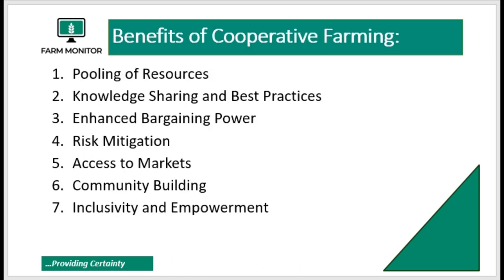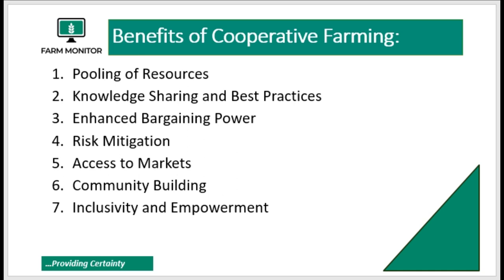So that brings us to discuss some of the benefits of cooperative farming. Having looked at historical examples, some of the benefits include pooling of resources. It's a primary benefit of cooperative farming: the ability to pool resources together.